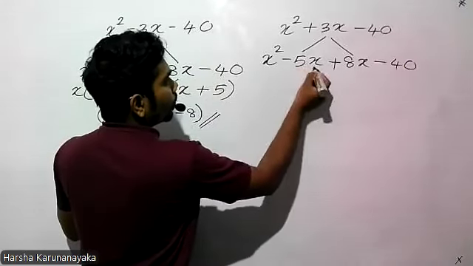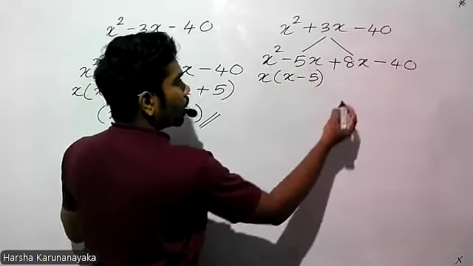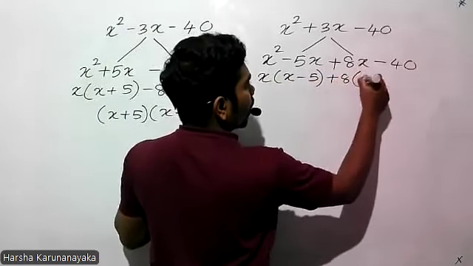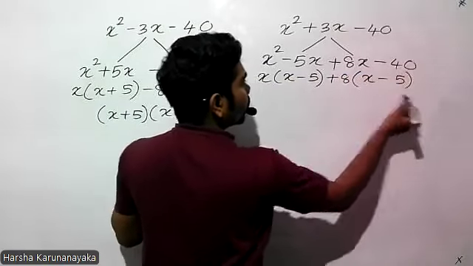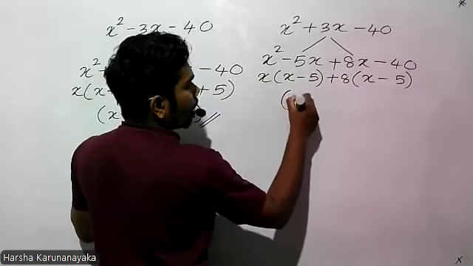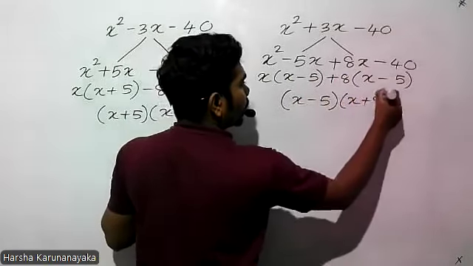The common term of these two terms is x minus 5. The common term of these two is plus 8, x minus 5. Okay. Now we can separate into two factors as x minus 5, x plus 8.